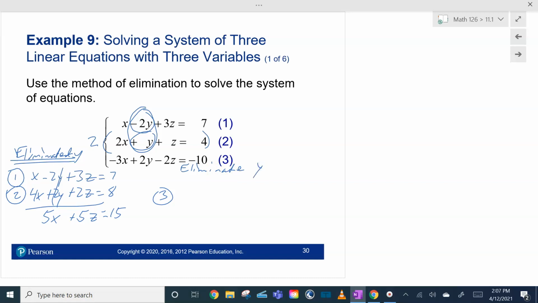I can pick either equation 1 or 2, it doesn't matter, but I have to use 3. I'm going to use equation 1 with equation 3. Again, I'm going to use equation 1 because it's easy.